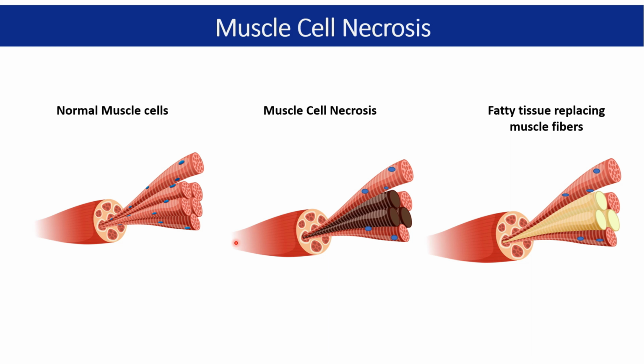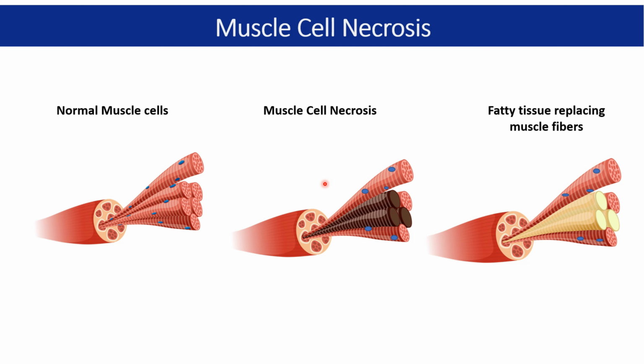So here I have shown how the muscle necrosis happens. These are the normal muscle cells, and as you have seen, in case of non-functional or partially functional dystrophin, the muscle cells are prone to damage, and it can cause death of the muscle cell. But at a very young stage, the muscle cell can regenerate.